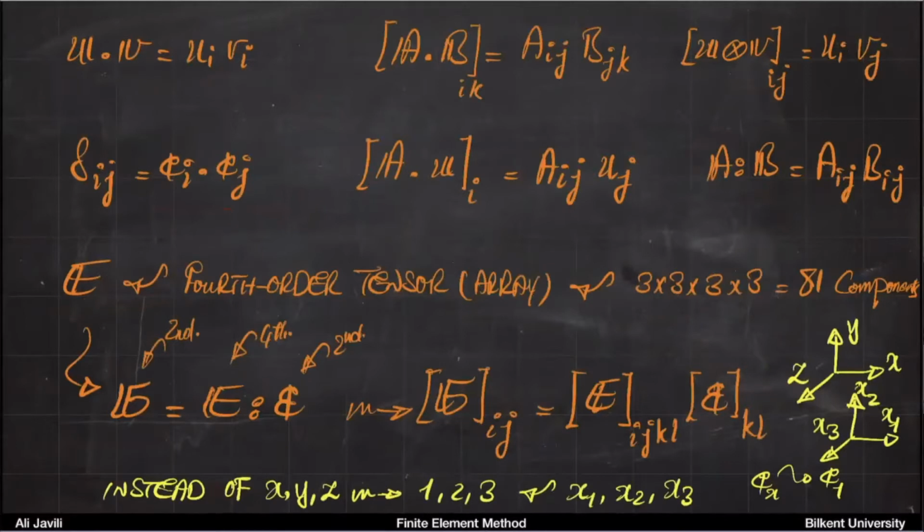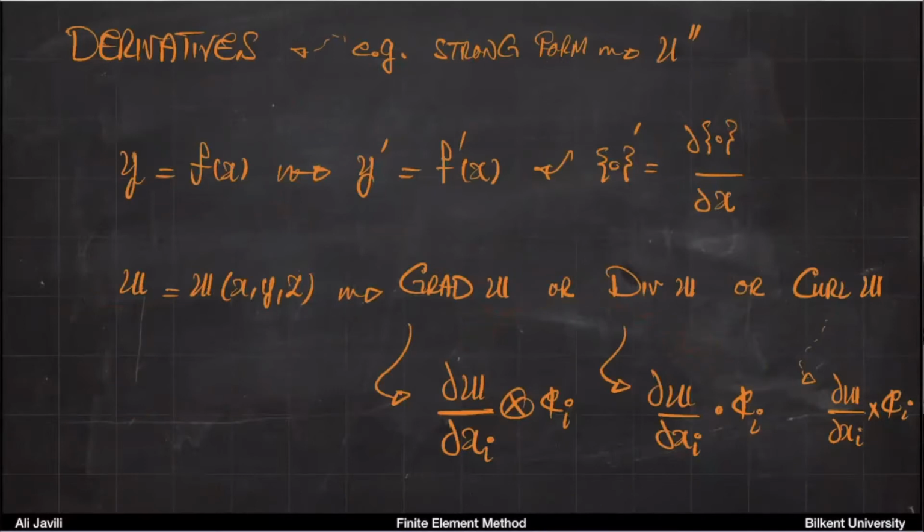And based on these definitions, we also write our stress-strain relationship in a more elegant form, because now you have basically this double dot product in between. And this notation also allows you to extend the concept of derivatives more elegantly.